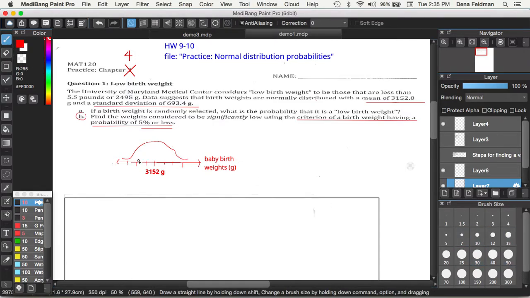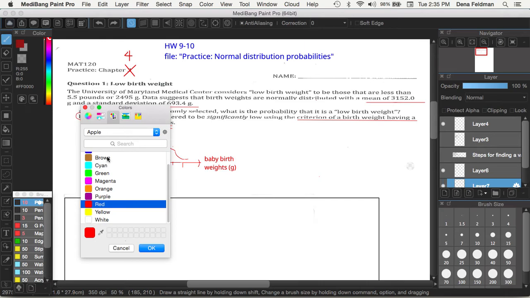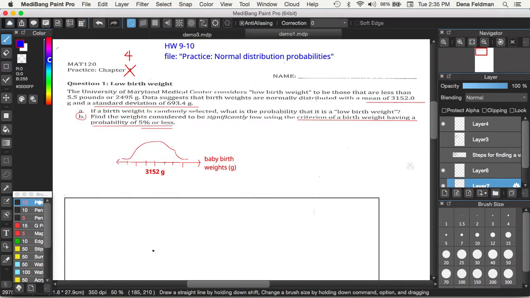Before we were given some sort of value, and asked what proportion of the babies would have a weight lower than that or above that, for example.